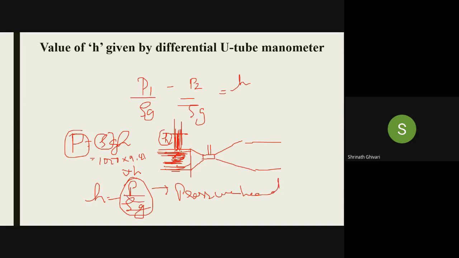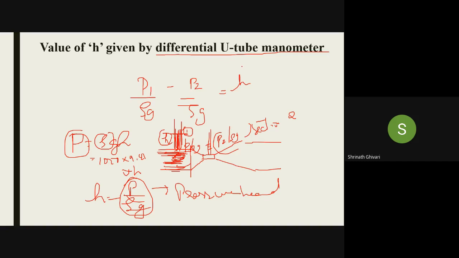So the height we are getting in this inlet is P by rho g at section 1. But at section 2, whenever there is a rise of water, that will be P2 by rho g, because it is at section 2. This difference we are determining using a differential U-tube manometer.